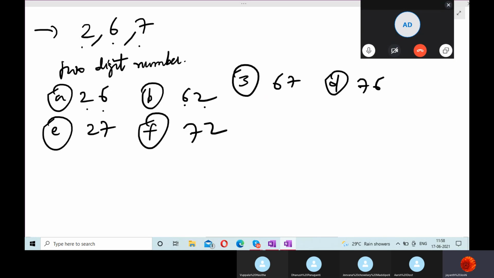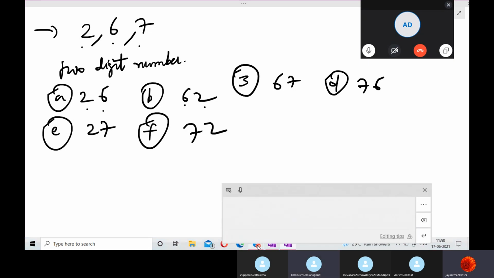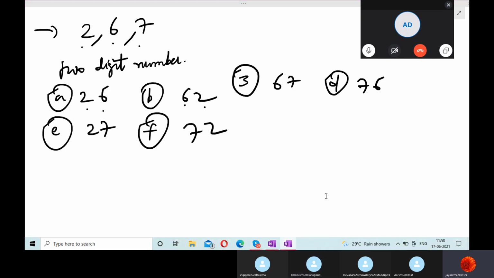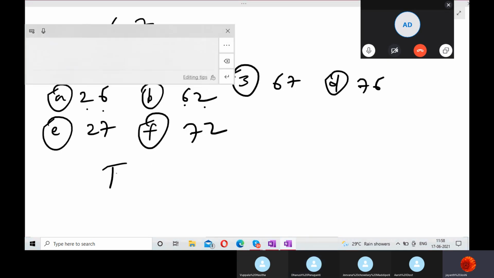Can you make any other arrangement apart from this? Please tell me, all of you, please. Hello? No, sir. Can you make any other arrangements? Is there any possibility? No. So sir, how many arrangements can you make? 6. 6.